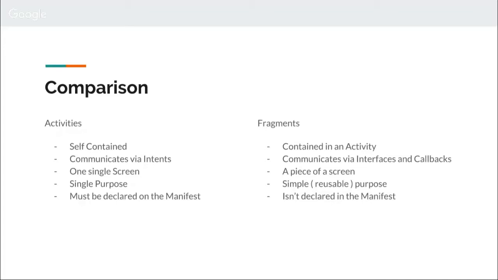Fragments have a kind of interesting way of communicating with activities and with other fragments. When it comes to an activity, of course, you can just send the intent like it's another regular activity, but from a fragment.